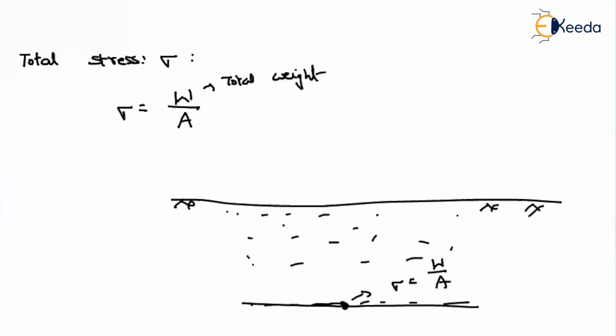What is the stress generated by your hand? The force is 5 into acceleration due to gravity 10, that is 50, divided by the cross-sectional area of the rod you are using. So wherever you want to find out the stress, you have to understand the total load or total weight up to that point. That is the total stress at that point.